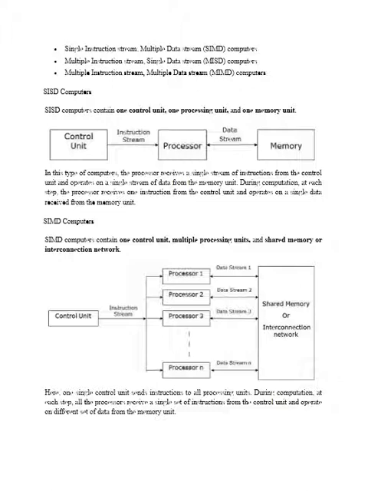Again, SASD means single instruction, single data stream computer, and SIMD means single instruction, multiple data stream. In SASD there is only one control unit, processor and memory, whereas in SIMD there is one control unit and a number of processors with a shared memory.